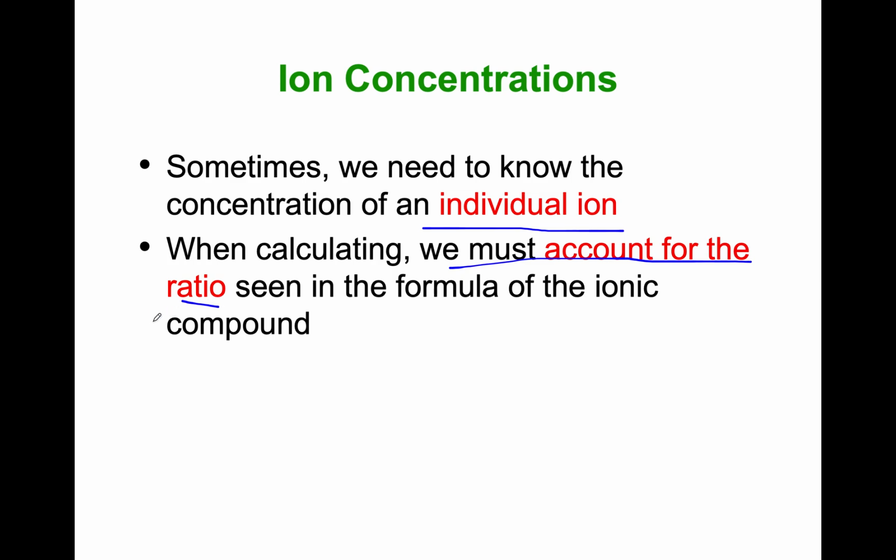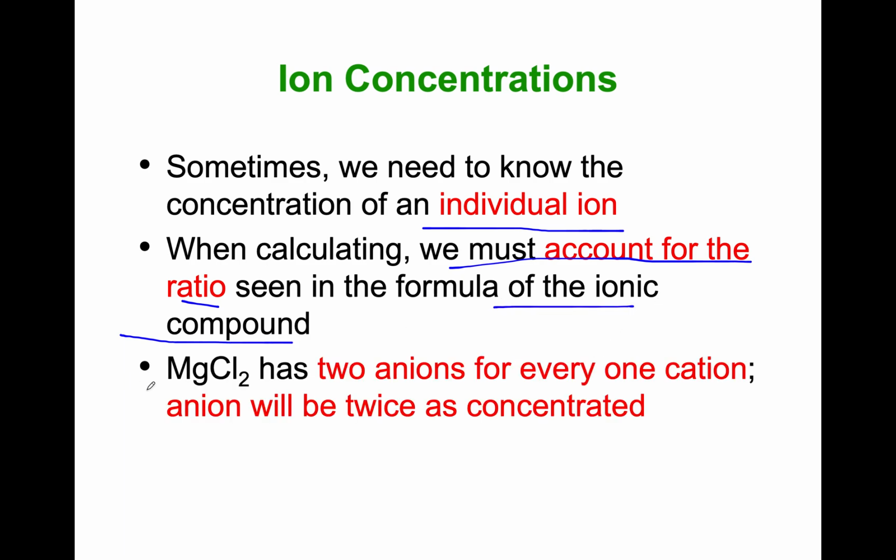So if we know these ionic compounds and it dissolves, then we can determine it. Magnesium chloride has 2 anions for every 1 cation. This anion will be twice as concentrated. What this means is, think about the reaction.